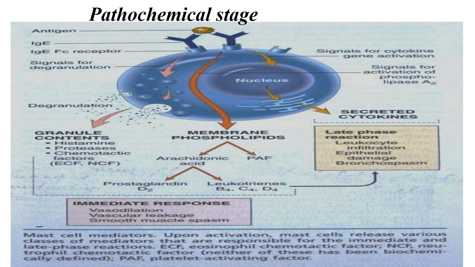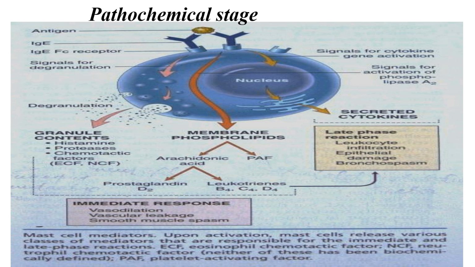This receptor is called Fc, and after disorder of the mast cell membrane, the enzyme phospholipase A2 is activated, and each cell has vesicles in the cytoplasm. If the mast cell is activated, the vesicles break down and primary mediators are secreted, for example histamine, protease, and a chemotactic factor.